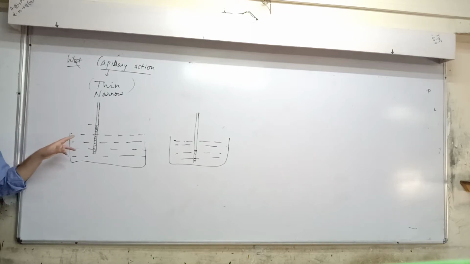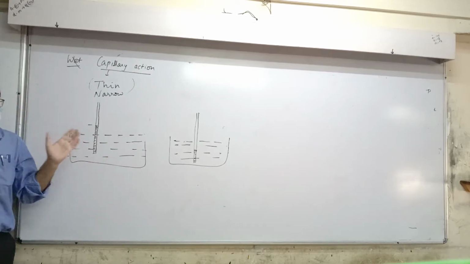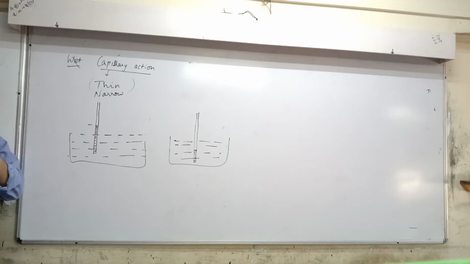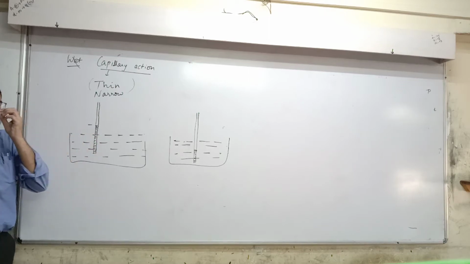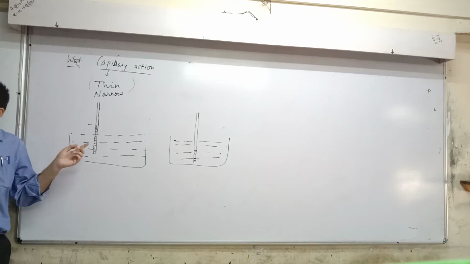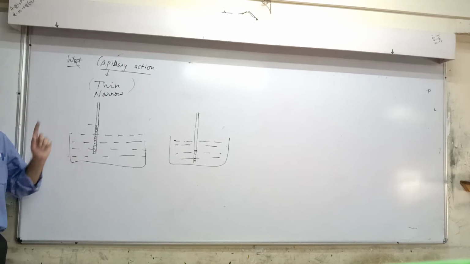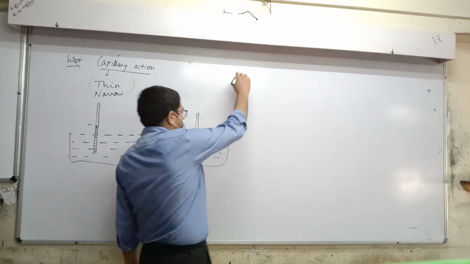And whether it rises or falls has a very simple and yet important relation with contact angle. That's what we have studied the last time. So first of all, let's write that observation.